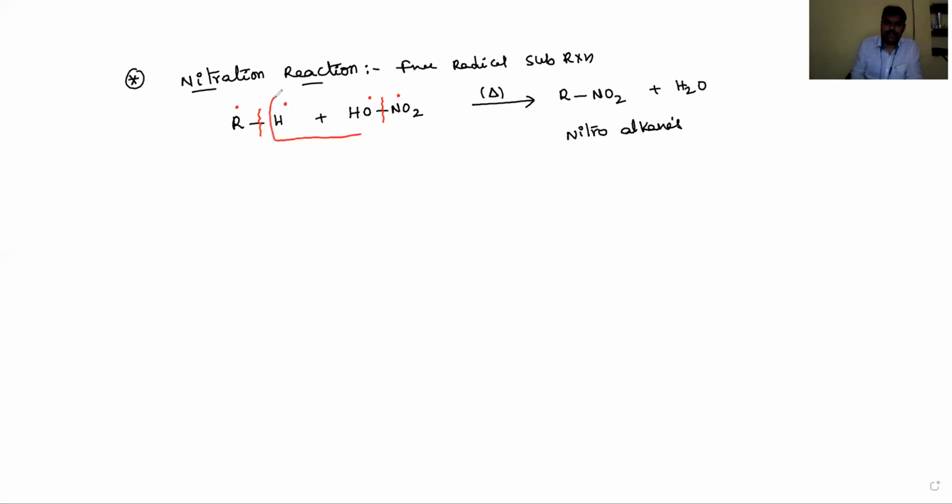And these combine to form water, and RNO2, nitroalkanes, will be formed. So in this nitration of alkanes, carbon hydrogen bonds will break, and carbon carbon bond cleavage also takes place.